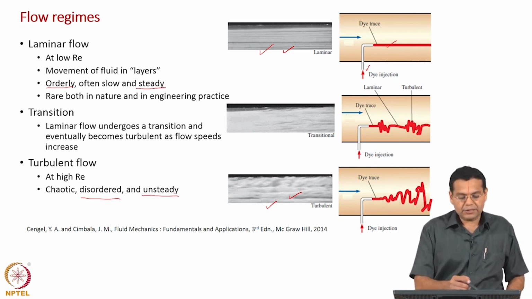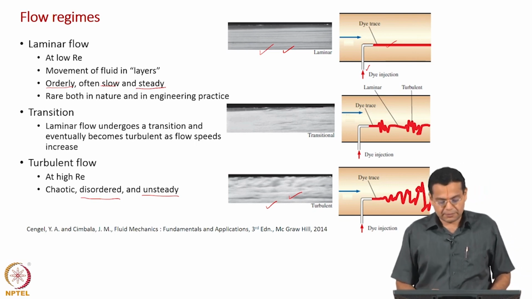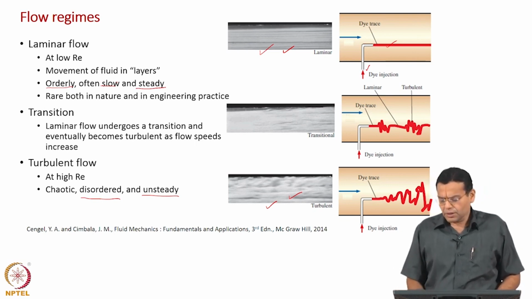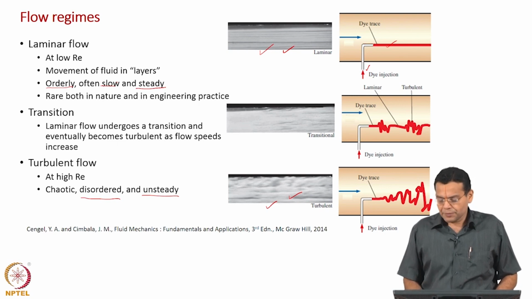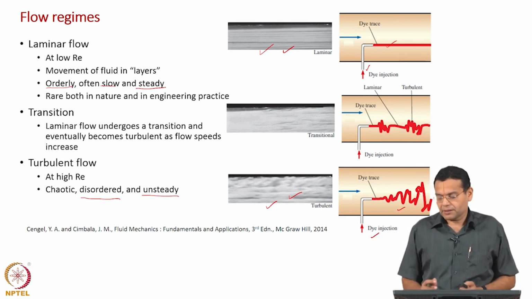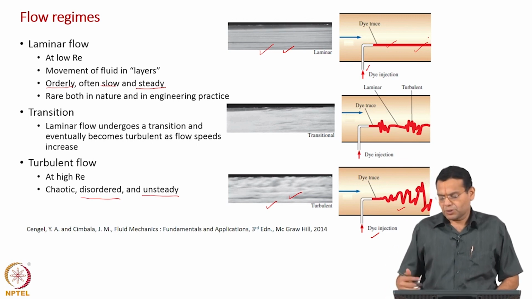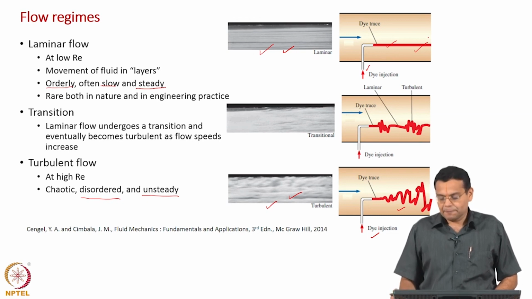Now, of course, here it is slow, here it is going to be at high Reynolds number. Now, how do you visually observe? If you inject a dye, look at the streak line, it is completely zigzag, completely disordered, opposite to what you observed in laminar flow. So, rapid mixing of fluid elements takes place, resulting in such a streak line.